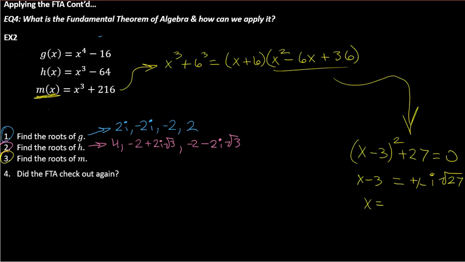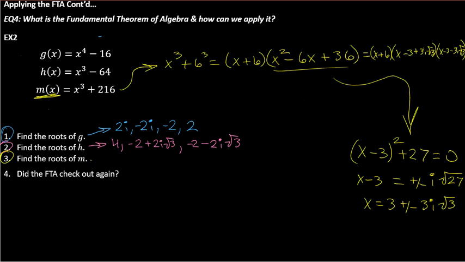So this is going to be equal to x equals 3 plus or minus 3i square root of 3. Okay, so my three linear factors, x plus 6, and then we've got x minus 3 plus 3i square root of 3, and also x minus 3 minus 3i square root of 3.